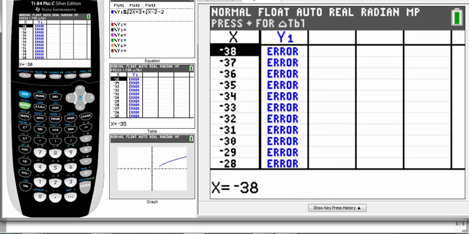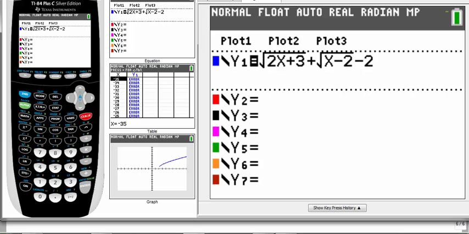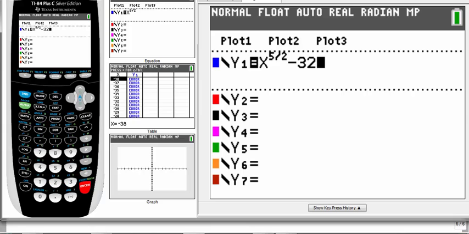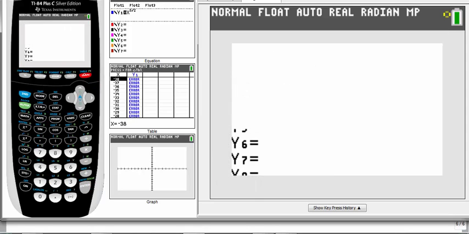So we go into y equals, and make sure we clear that out. Now, if your calculator would use your exponent key and you don't jump up into the exponent, make sure you have this in parentheses, the 5 divided by 2. Subtract the 32 across, and let's go ahead and graph that.